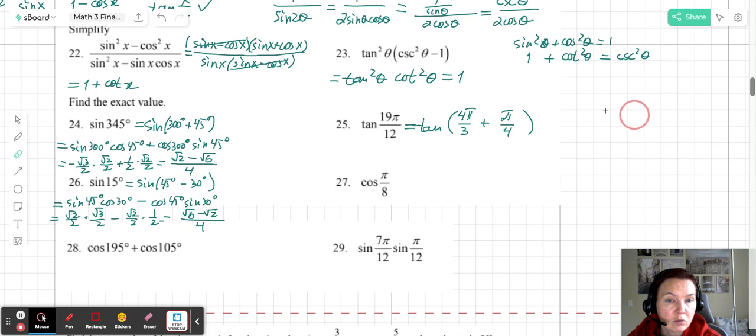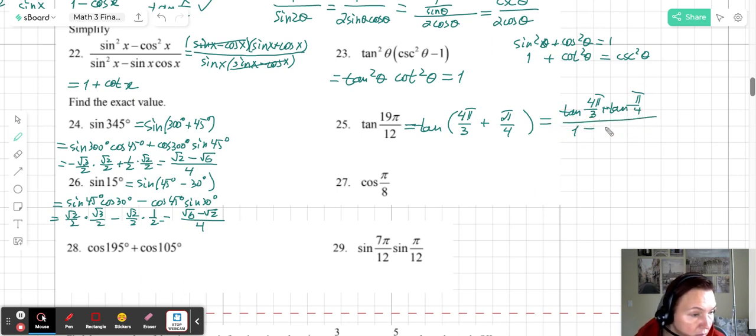So I have the sum of those two, and I'm going to use the sum of tangents formula. And the formula is tangent 4 pi over 3 plus tangent pi over 4 over 1 minus tangent 4 pi over 3 times tangent pi over 4. Okay, tangent pi over 4 is 1. That's easy.